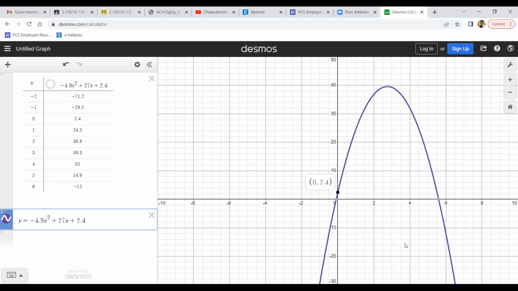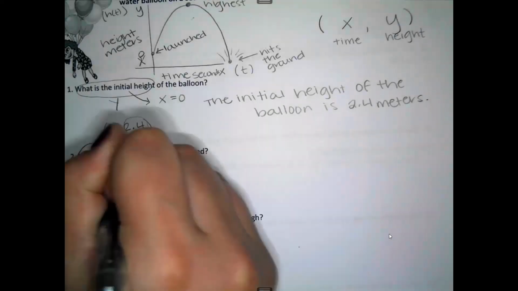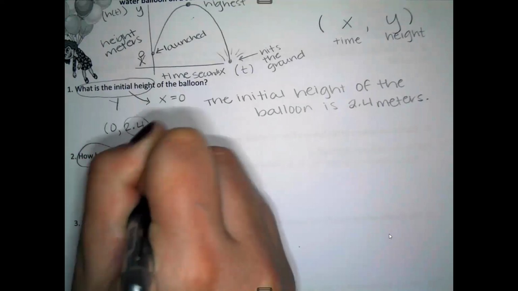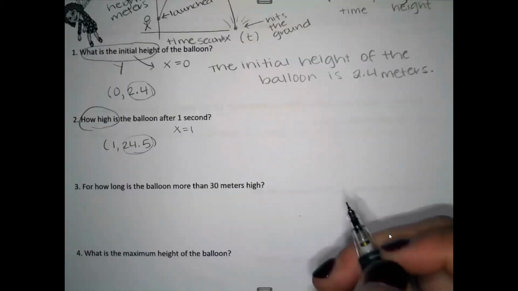So we can look at the table, and what value do we have? 24.5. Perfect. So we've got the point from the table. 24.5. And so the Y value is the answer. And now we can go ahead and answer the question.